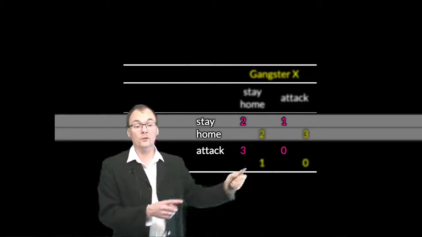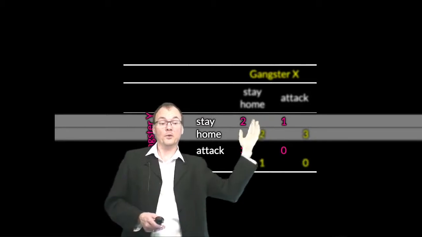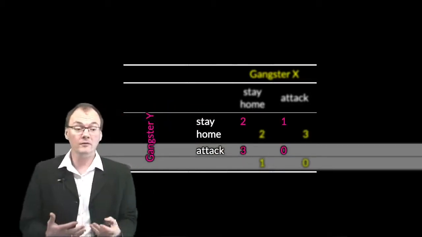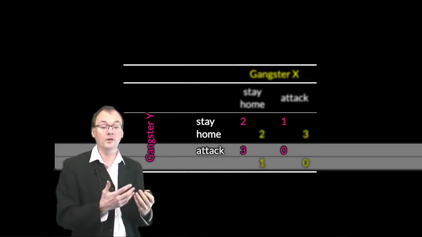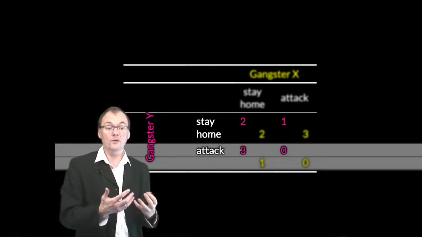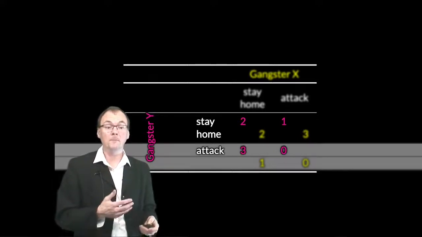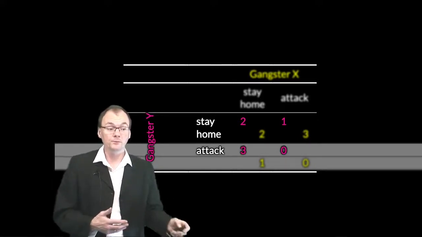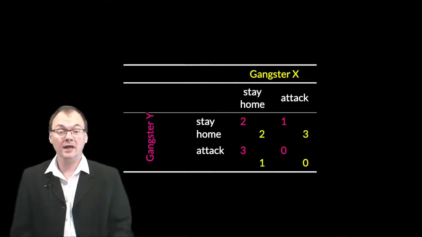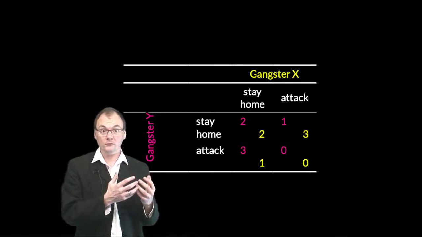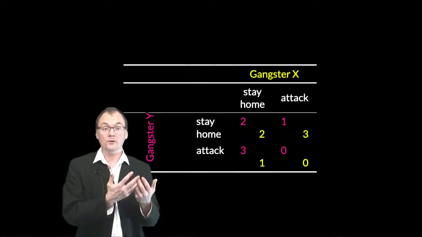So the best possible outcomes cross this action, and similarly for attack. Neither stay at home nor attack dominates the other, not even weakly. The game is symmetrical, so the same thing applies for gangster X. So if we want to understand what happens in this situation, we cannot appeal to dominance.